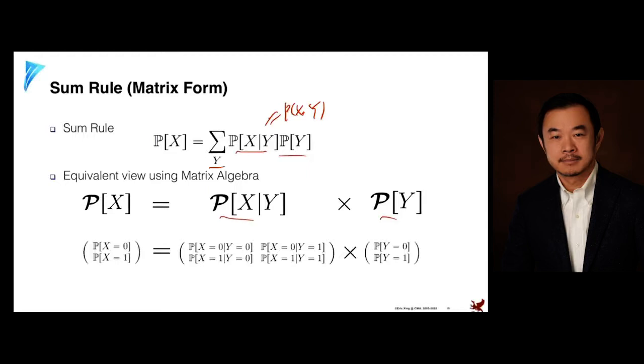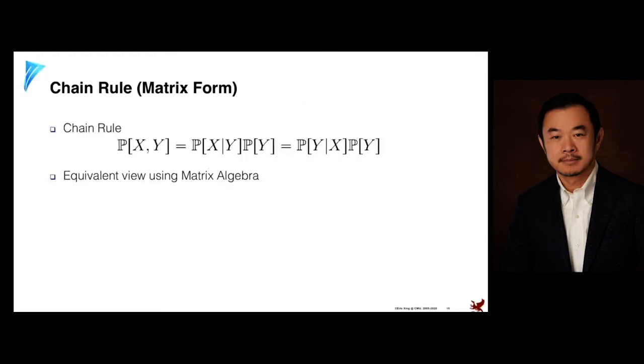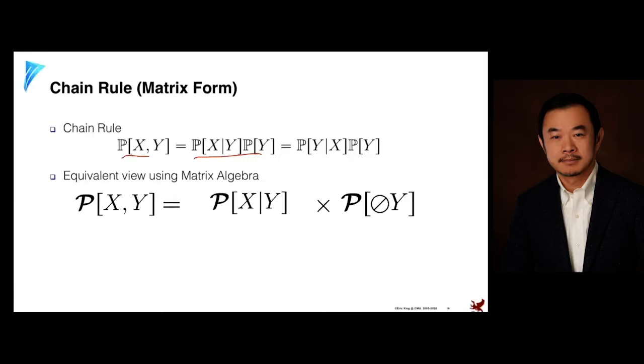By the way, here we all assume that the random variables are discrete. For continuous ones, we're going to talk about later. There's a technique to cover that. The next one is called the chain rule. Basically, this is how you get to the joint by multiplying conditionals. And the equivalent matrix algebraic operation is this. It's now a matrix multiplied by not a vector but a diagonalized vector, a matrix.